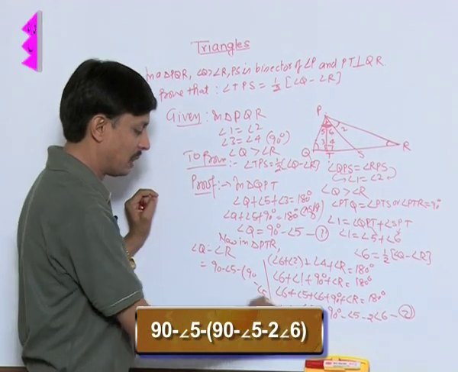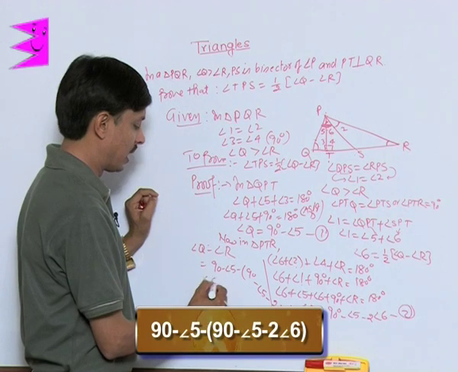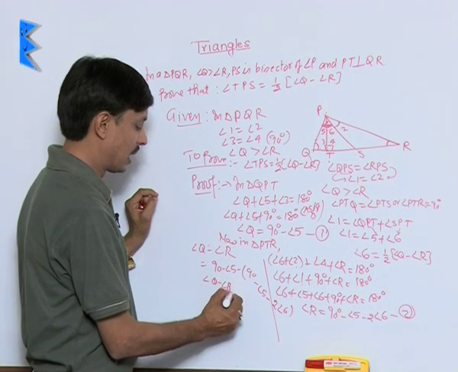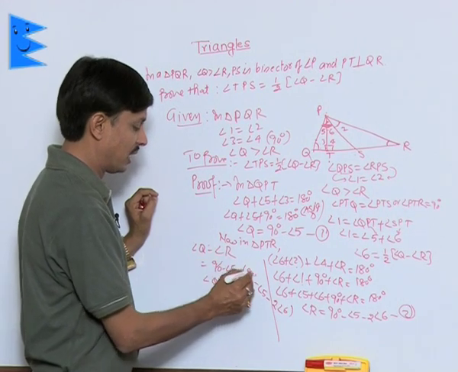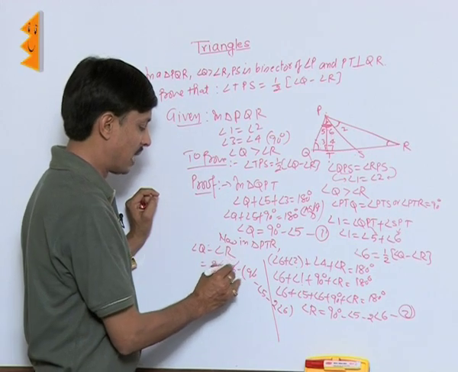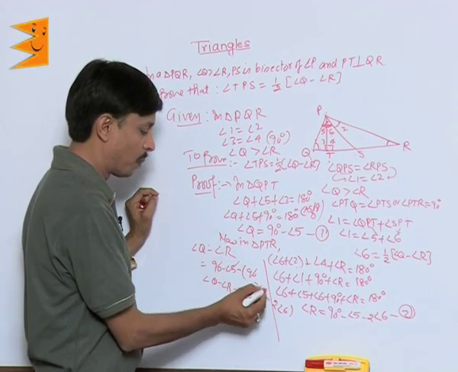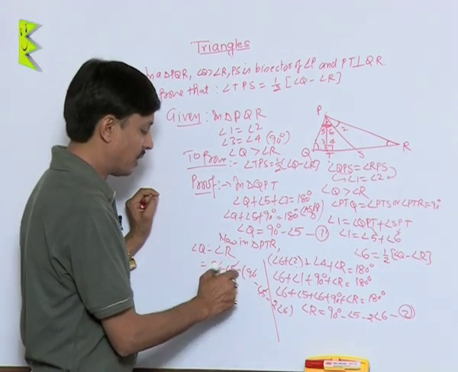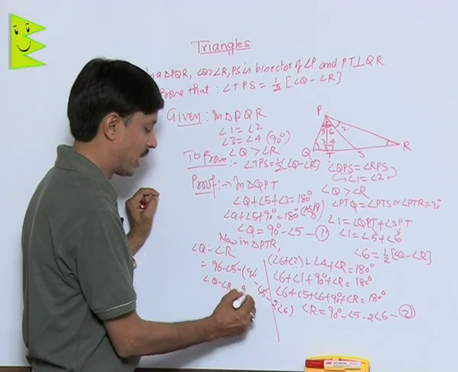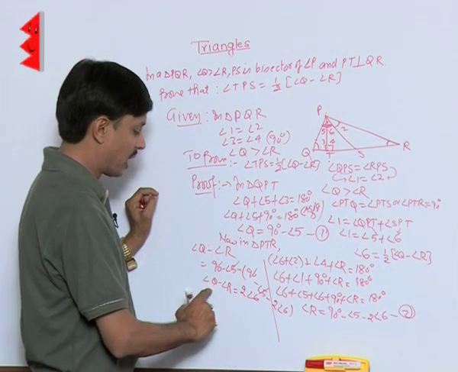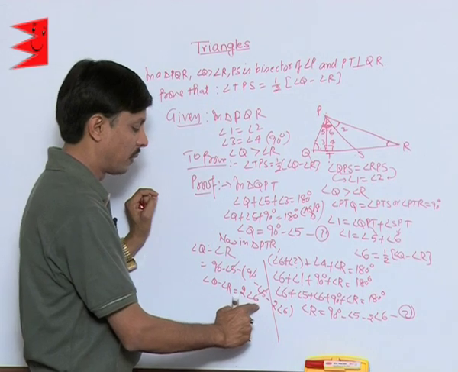So this minus will change the sign. I will get angle Q minus angle R is equal to 90 and 90 get cancelled. This minus 5, when the bracket is opened, becomes plus 5 and cancels. This minus and minus makes plus twice angle 6. So angle Q minus angle R is equal to twice angle 6.